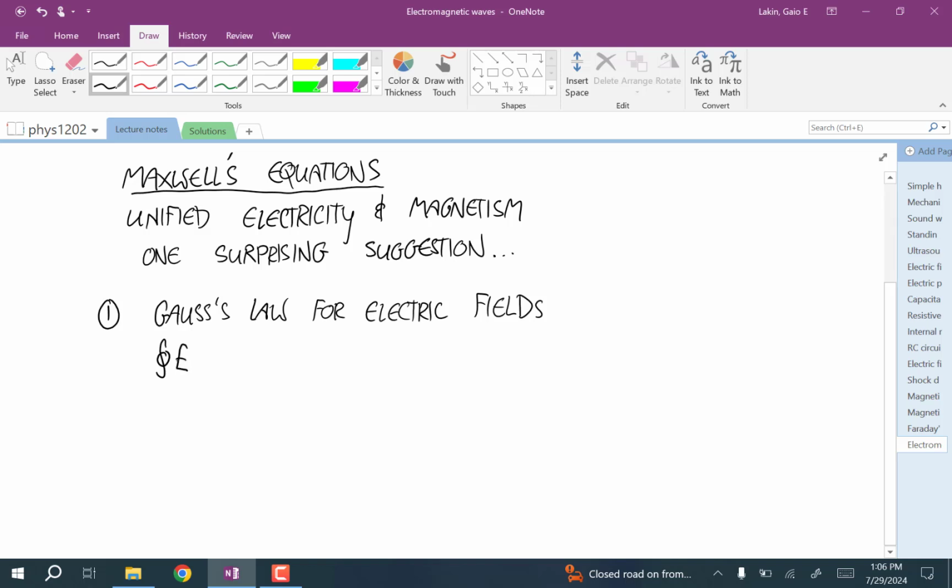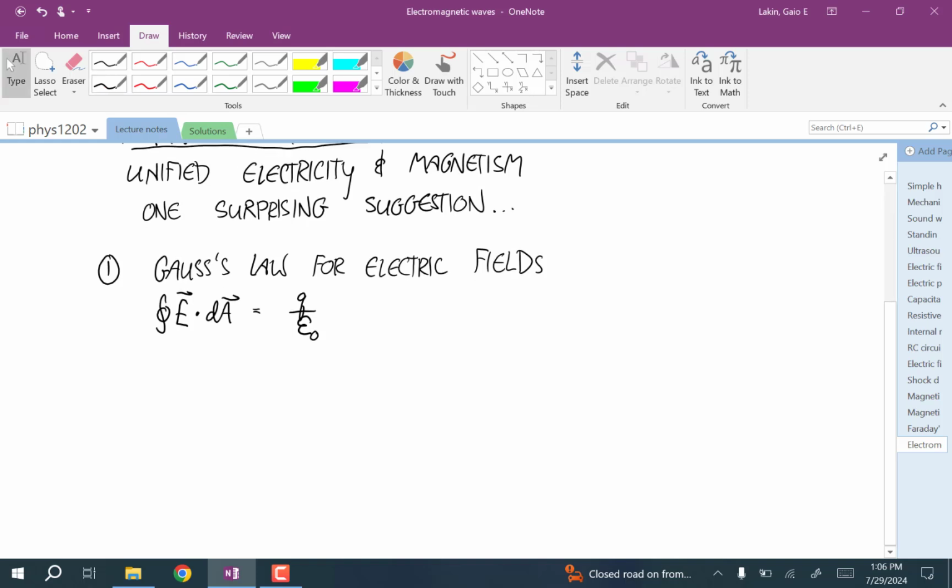You take the integral of the electric field vector dotted with this vector dA, and it's equal to the enclosed charge divided by that constant epsilon 0. I'm just going to say that this provides restrictions on electric fields.